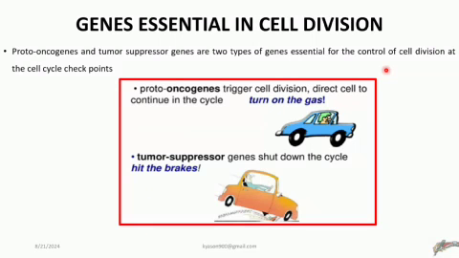These genes are broadly categorized into two: proto-oncogenes and tumor suppressor genes.